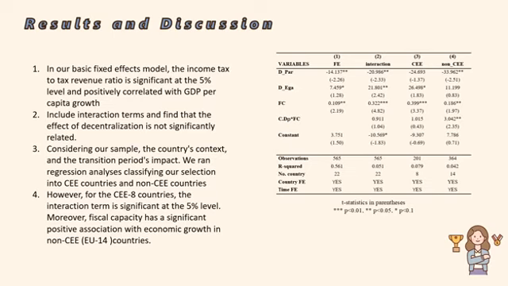For the CEE countries, the interaction term is significant at the 5% level. Moreover, fiscal capacity has a significant positive association with economic growth in non-CEE countries. Finally, I will focus on the conclusion.